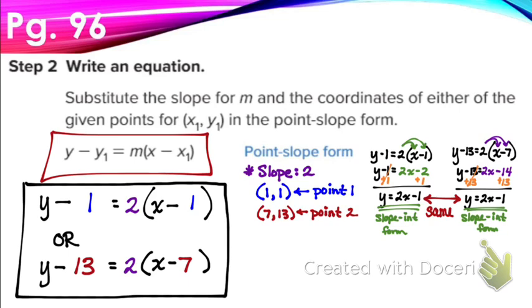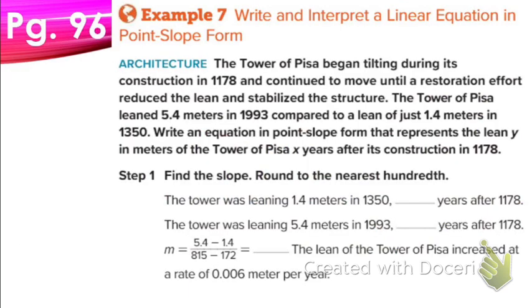Example number 7. We are down at the bottom of page 96. The Tower of Pisa began tilting during its construction in 1178, and it continued to move until a restoration effort reduced the lean and stabilized the structure.